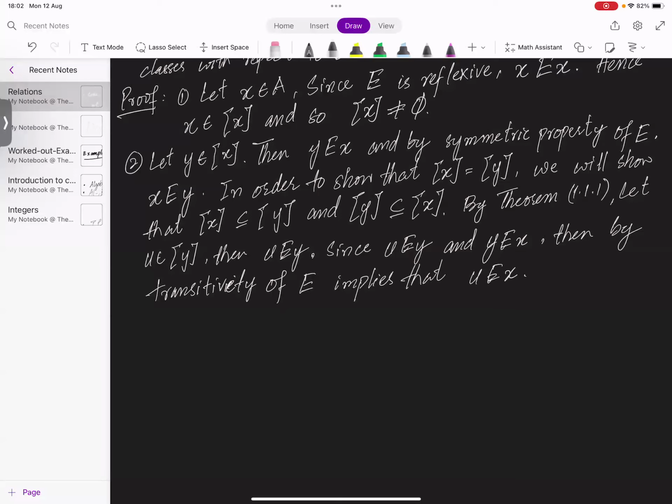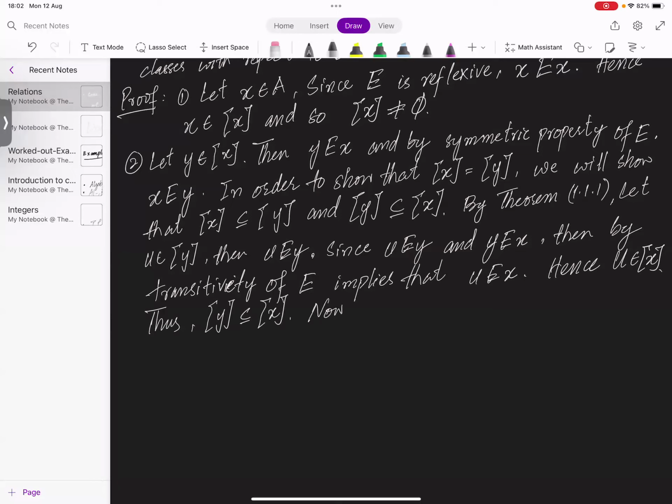Hence, u is in the equivalence class of x. Thus, the equivalence class of y is a subset of the equivalence class of x.